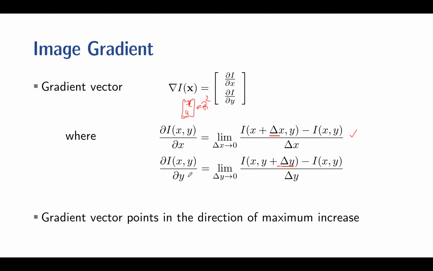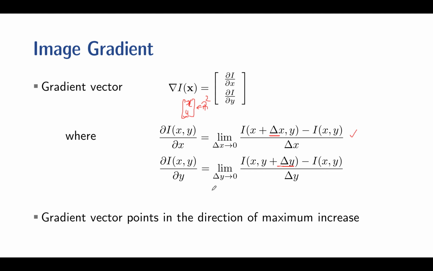One of the things that you have studied in calculus is that the gradient vector points in the direction of maximum increase. It's actually a pretty interesting vector. Think about it as if you went to the hills and you are standing at a particular location on a hill. You ask, what is the direction of maximum increase on this hill?